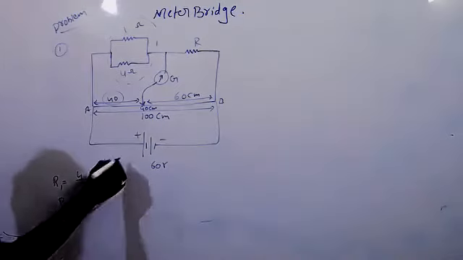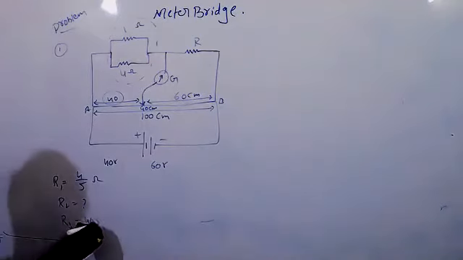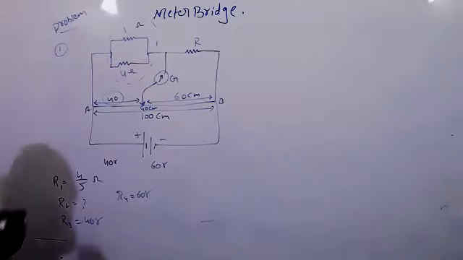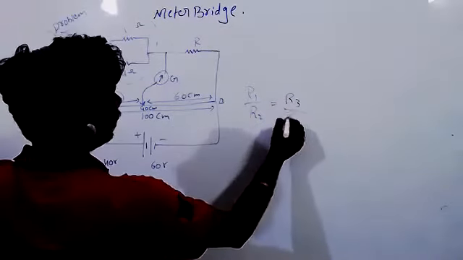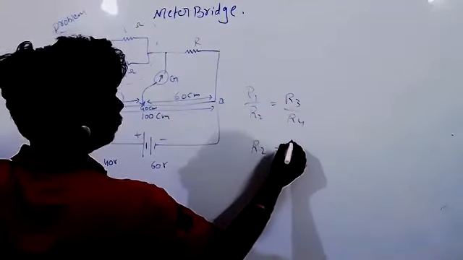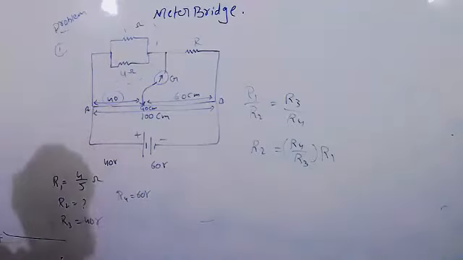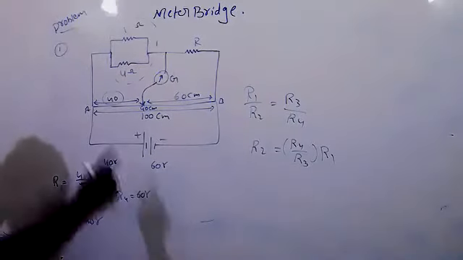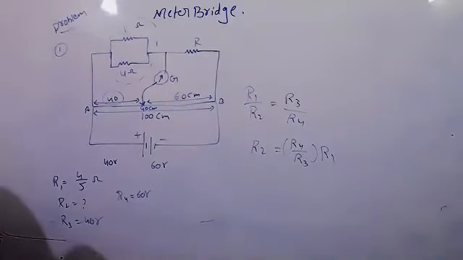R3 equals 40 R, R4 equals 60 R. To find R2, what is the formula? R1 by R2 equals R3 by R4. So R2 equals R4 by R3 into R1. We can solve like that.